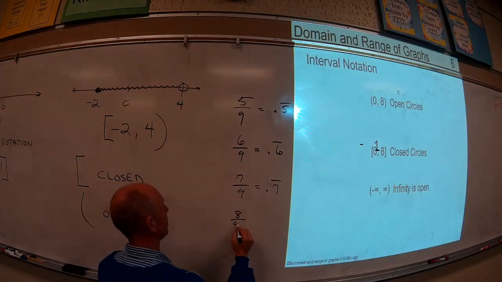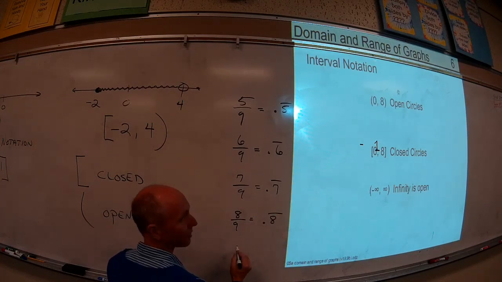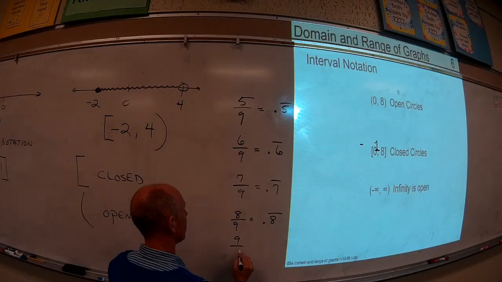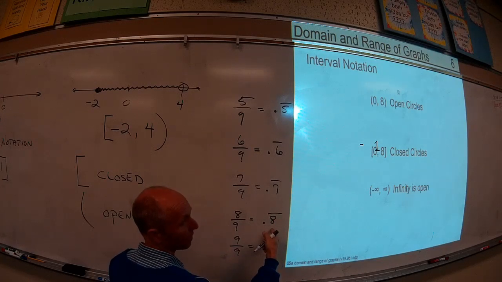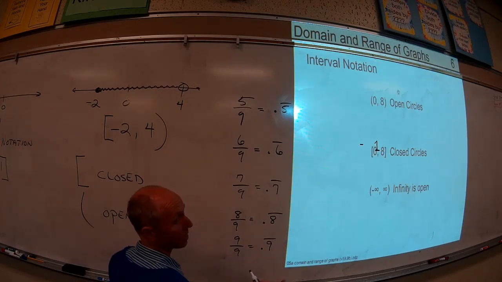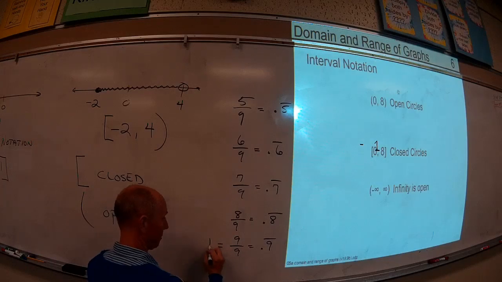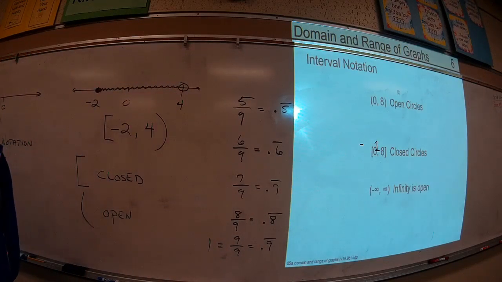What's 8 divided by 9? Okay, ready? So it goes through. So what's 9 divided by 9? 1. Follow the pattern. 0.9 repeating. Now your calculator is going to say 1, which is 1. Oh, yeah, you round, right? What the heck? That's so weird.